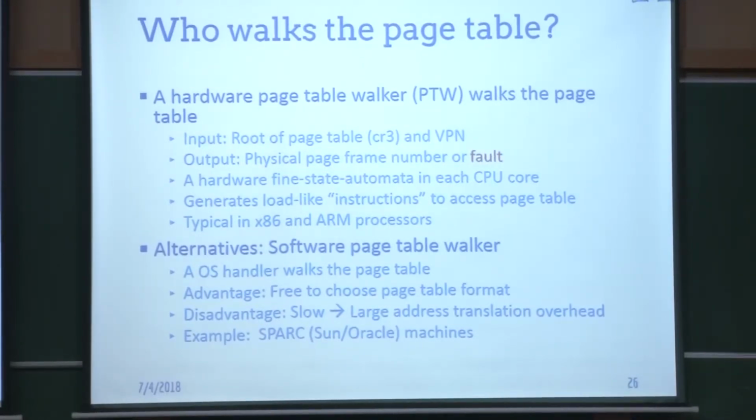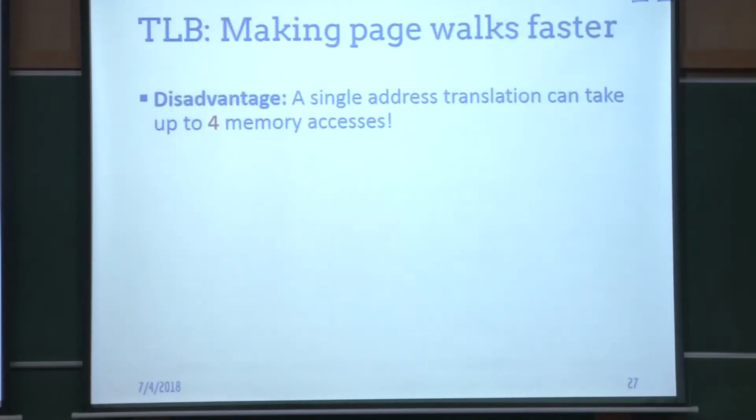Hardware is much faster at accessing memory. With software accessing the page table, remember that every load or store instruction carries virtual addresses, and everybody is translating, so the overhead could be really high. Some machines optimized it some other way, but we don't have time to look into that. There are alternatives, though; that is something I wanted to mention.